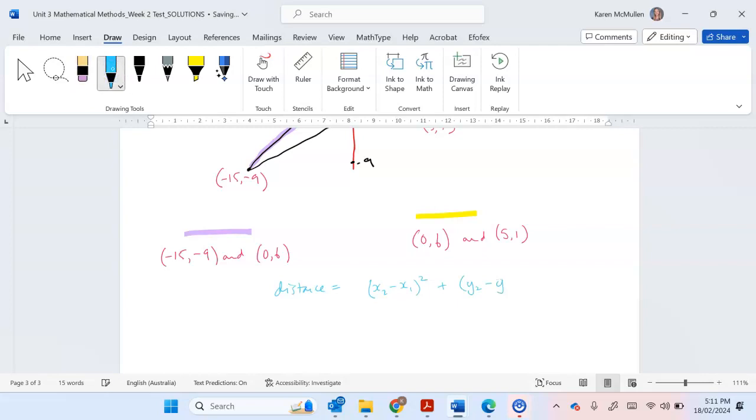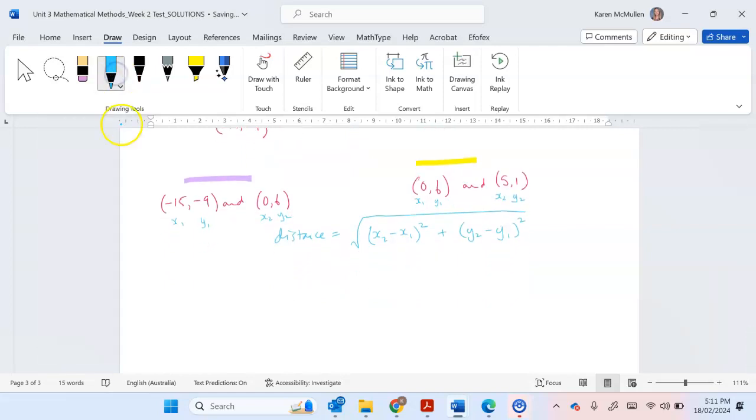And it doesn't matter if you did y first either, because we're adding them. So if we call this x1, y1, x2, y2. And then I'm going to do the yellow line, x1, y1, x2, y2.